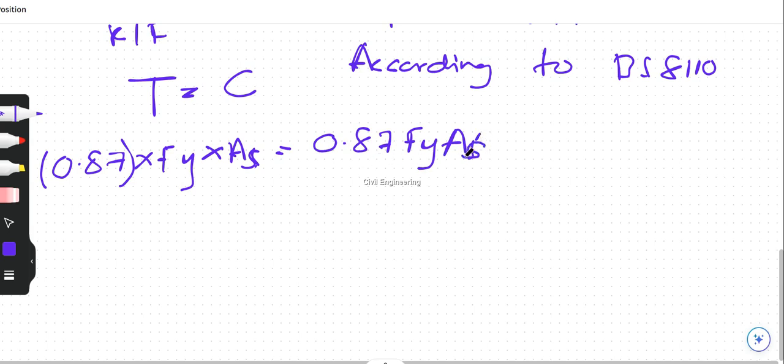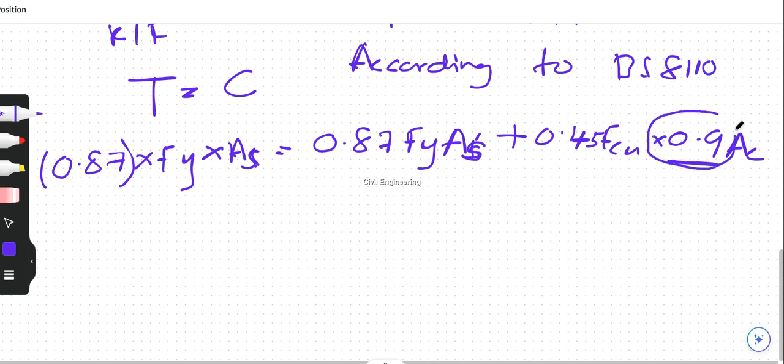Here the area is the compression zone reinforcement area, and by the concrete, here this 0.9 we can see in BS 8110, and because of that we use 0.9 there.